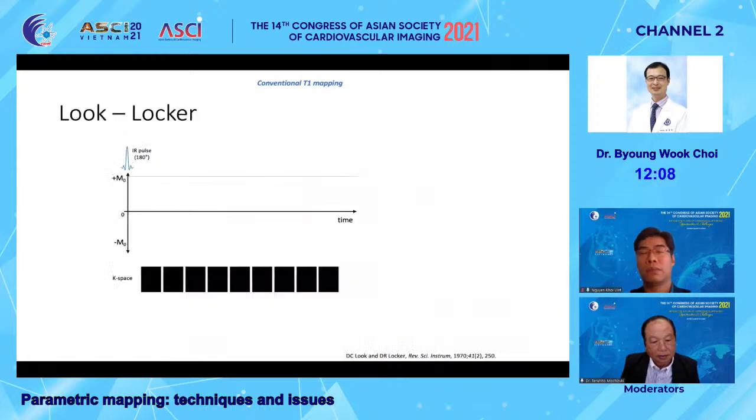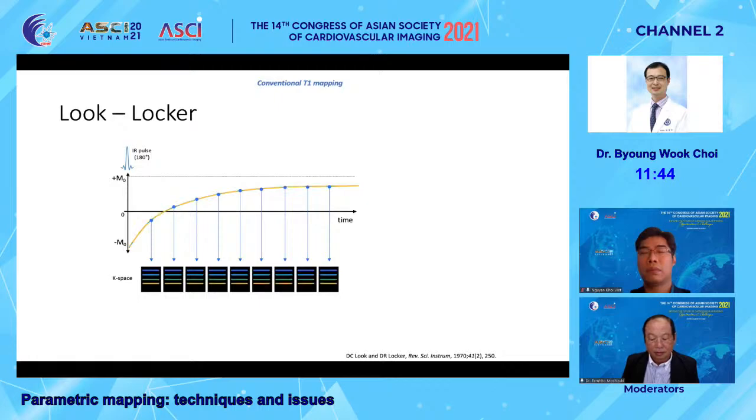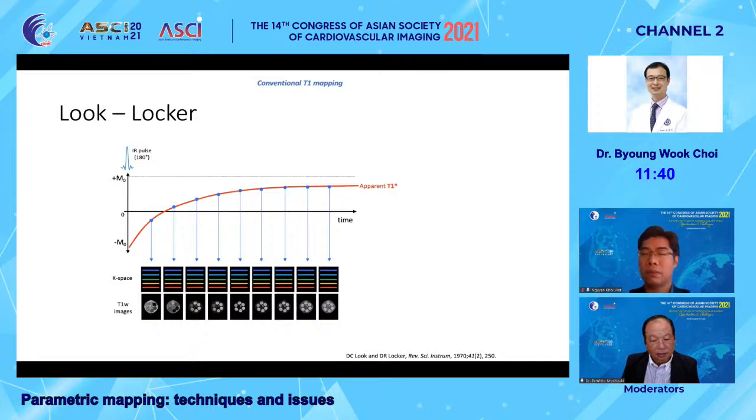In 1970, Look and Locker proposed an efficient method to reduce the scan time using a continuous and periodic train of radio frequency pulses after the inversion pulse. Due to a number of factors, including the type of readout sequence and tissue characteristics, longitudinal magnetization recovers to steady state quicker than undisturbed equilibrium magnetization, which is called apparent T1 or T1 star.